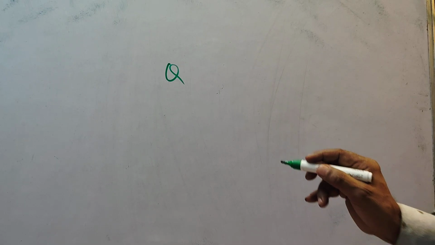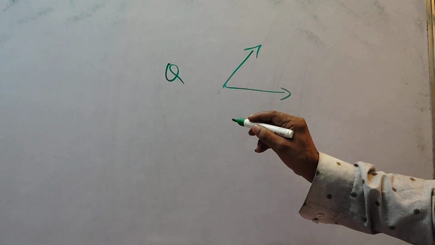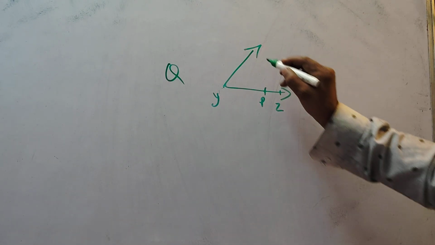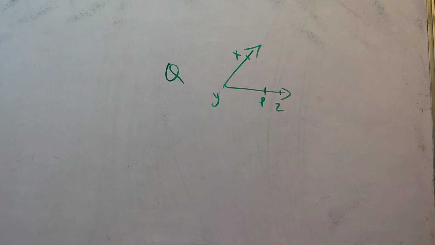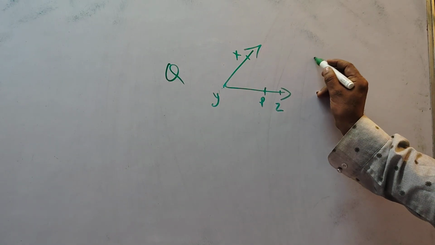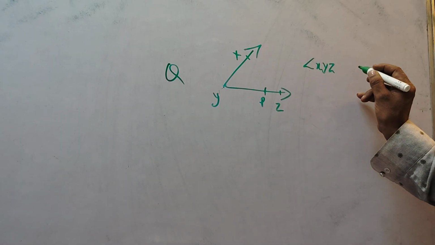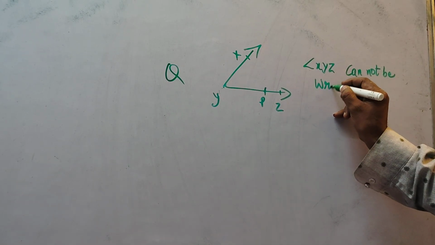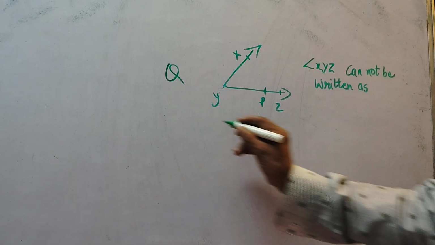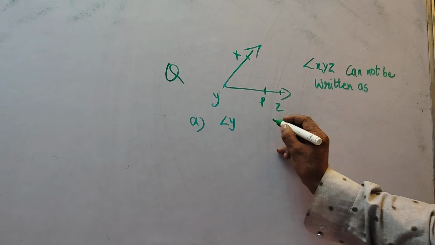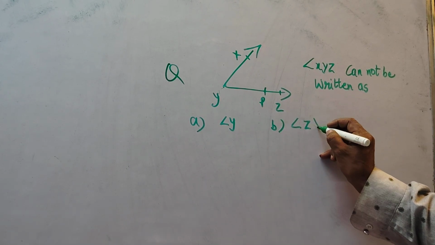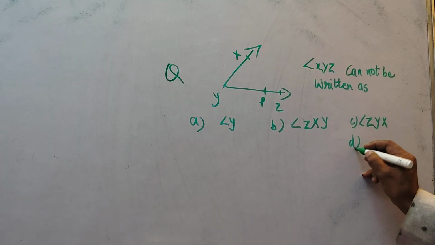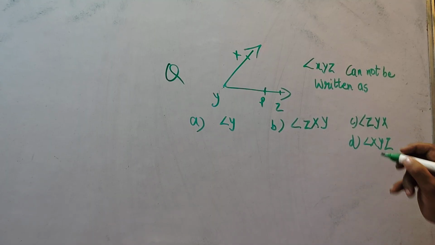In the question, a figure of angles is given. The vertex is Y, here is P, here is Z, and here is X. The question says angle XYZ cannot be written as, and the options are: angle Y, angle ZXY, angle ZYX, and angle XYP.